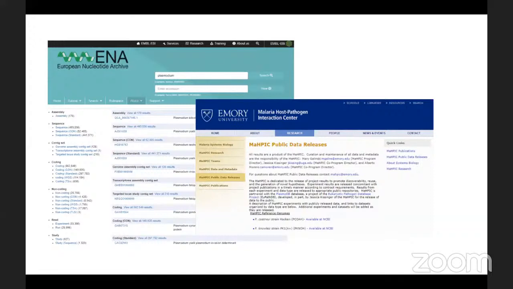So this includes, like here you can see, 170 assemblies and over 400,000 sequences and almost 34,000 experiments with 30,000 sequencing runs. So reference genomes, annotation of genes, examples of transcriptomic studies. This is an invaluable resource for anyone interested in malarial research using omics or big data.